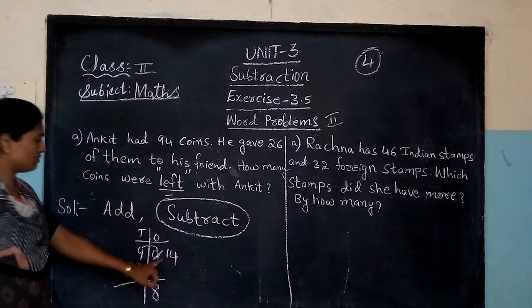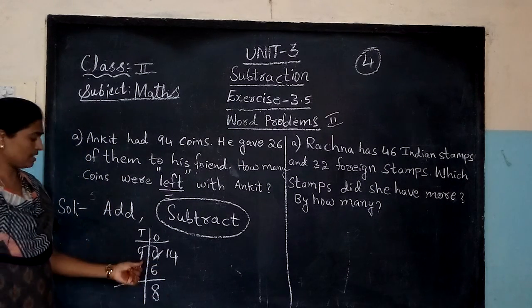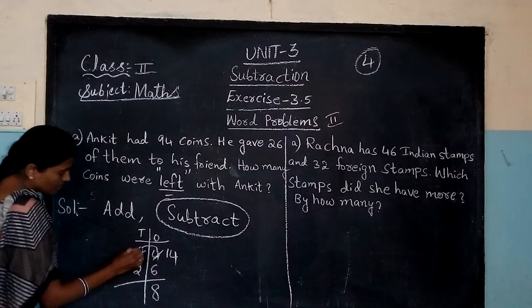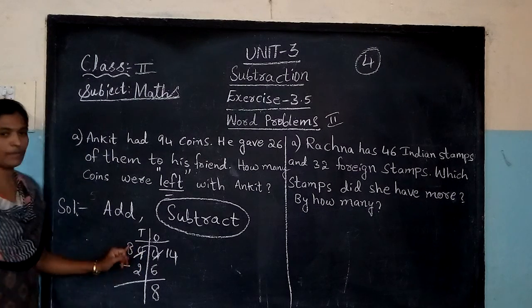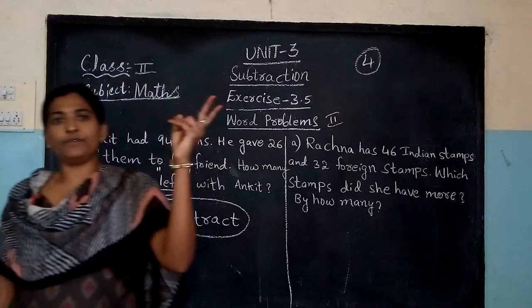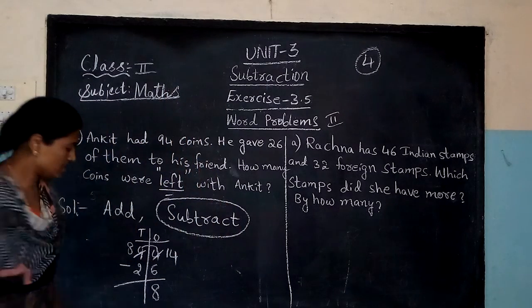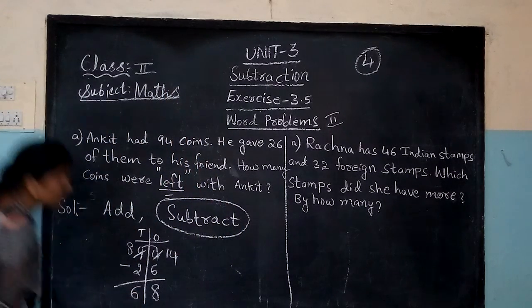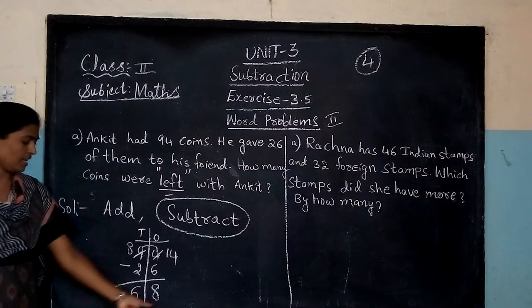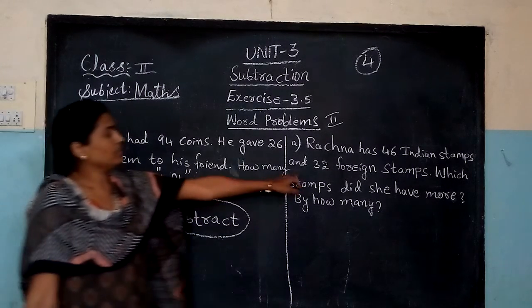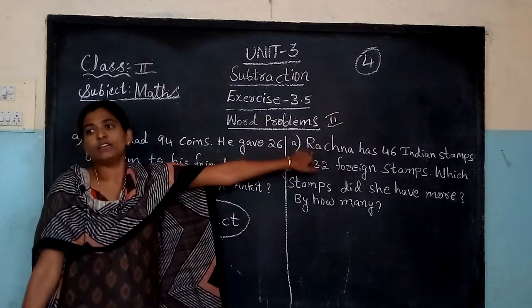One number is given to the ones column, so in the tens column one number will be less. What is that number? 9, before it 8. 8 in the mind, 2 on your fingers. 8 before 7, 6. So how many coins were left with Ankit? Means 68. Next one. It is also a word problem.